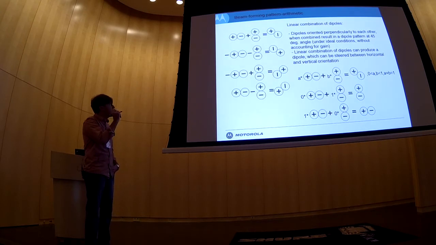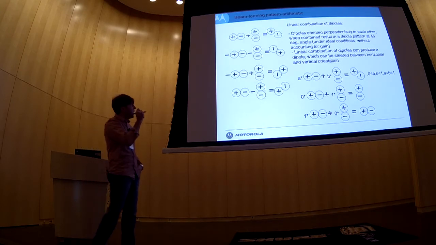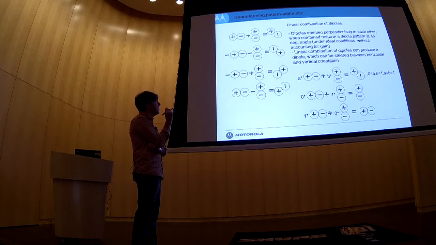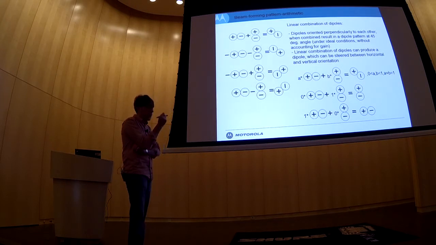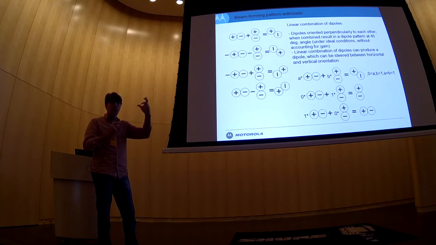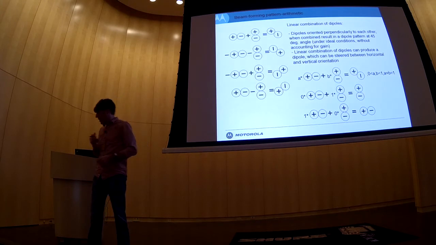The same goes down here. This just illustrates that similarly, just by simple arithmetic, we can produce a dipole that's oriented in a different direction. And in fact, one could argue that by varying the amount of each of these two signals, one could steer the dipole in any direction of interest.